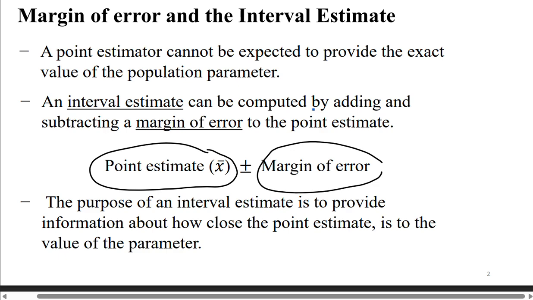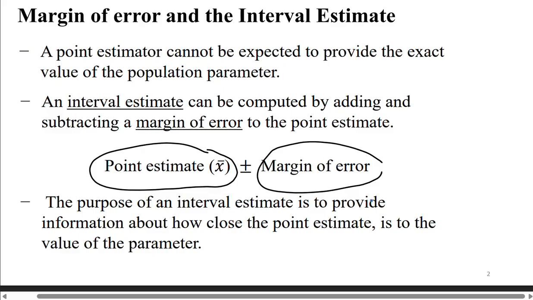And so what we are going to basically look at is we are going to estimate that our population average will be our sample average with the possibility of a margin of error. And so we calculate a confidence interval by taking the point estimate, which is our sample average, and then we add and subtract a margin of error.